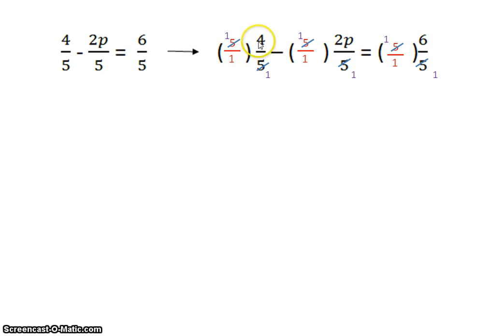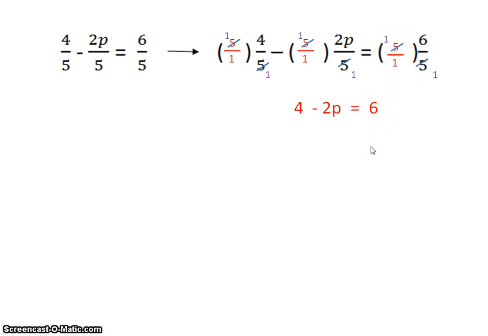So my first term is going to be 4 minus 1 times 2p over 1 times 1, which is 2p. But remember, it's subtracting. Bring down the equal sign. On the right-hand side, I've got 1 times 6 over 1 times 1. So it'll be 6 over 1, which is equal to 6.